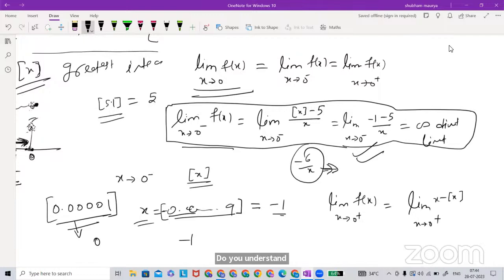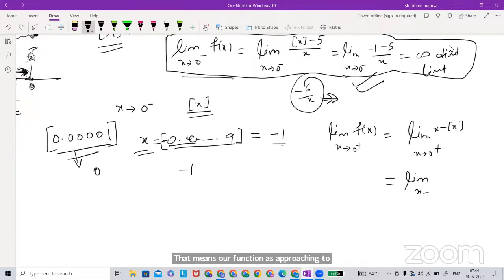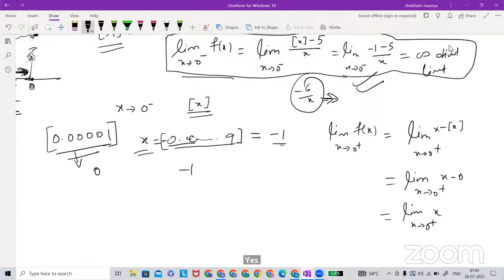That means as x approaches 0 from the positive side, our function becomes x minus 0, so x. We can write it like this in a small interval, and it is a correct way to write. So this is going to be 0.